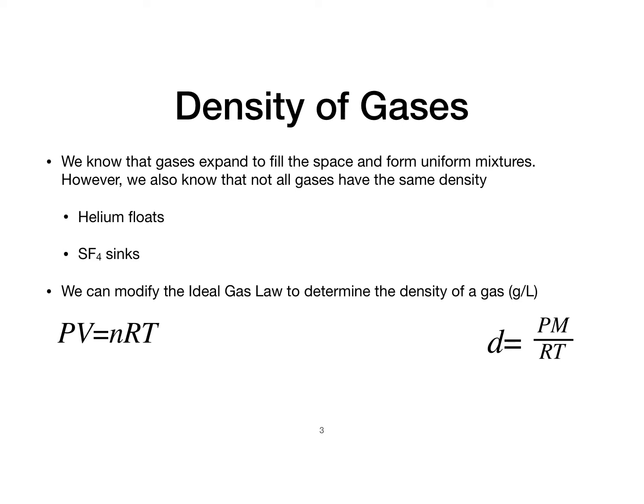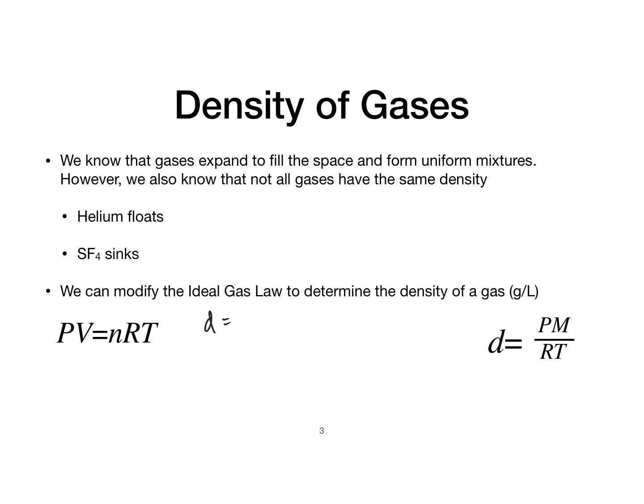So we know that density equals grams per mL, or more often grams per liter. So if we have PV equals nRT and we need to get to a mass divided by a volume, we can think about n divided by V, which gives us P over RT. And we need a way in order to get this density value into grams per liter. So this would have been moles per liter equals atmospheres over liters atmospheres per mole Kelvin.